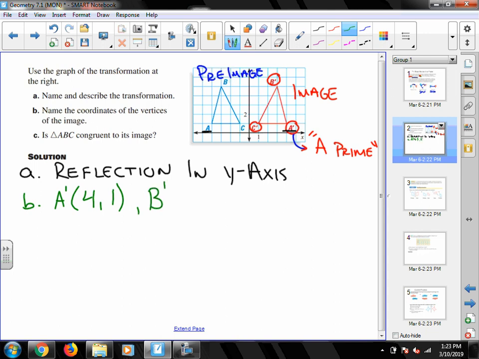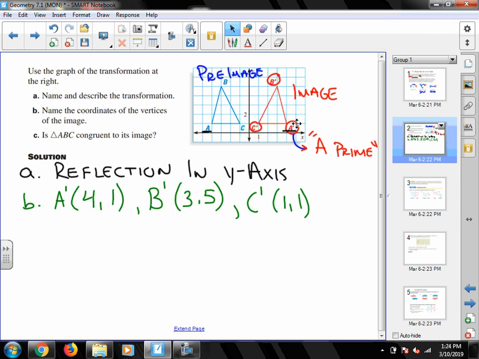B prime went to the point 3, 5. Okay, and I'm just getting these from looking at the graph and counting. And C prime is at the point 1, 1. Okay, so naming coordinates, not so bad.